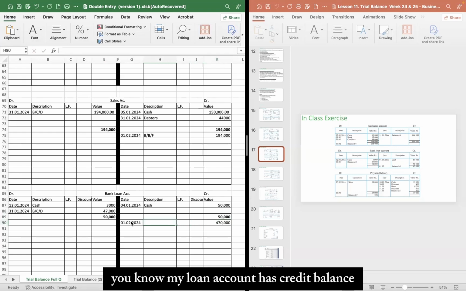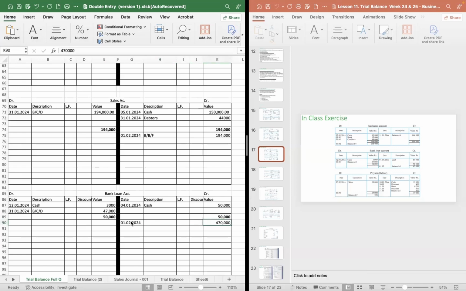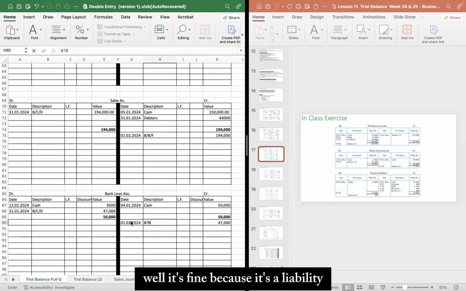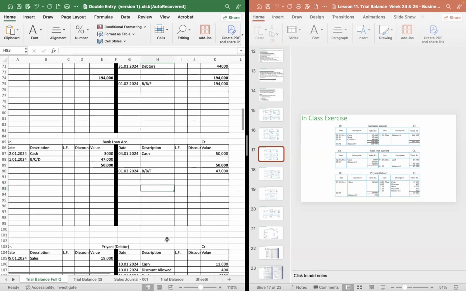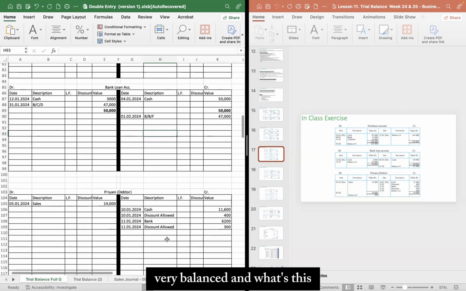By this time, we know my loan account has a credit balance. And it's fine because it's a liability. So it's fine to have a 47,000 credit balance.